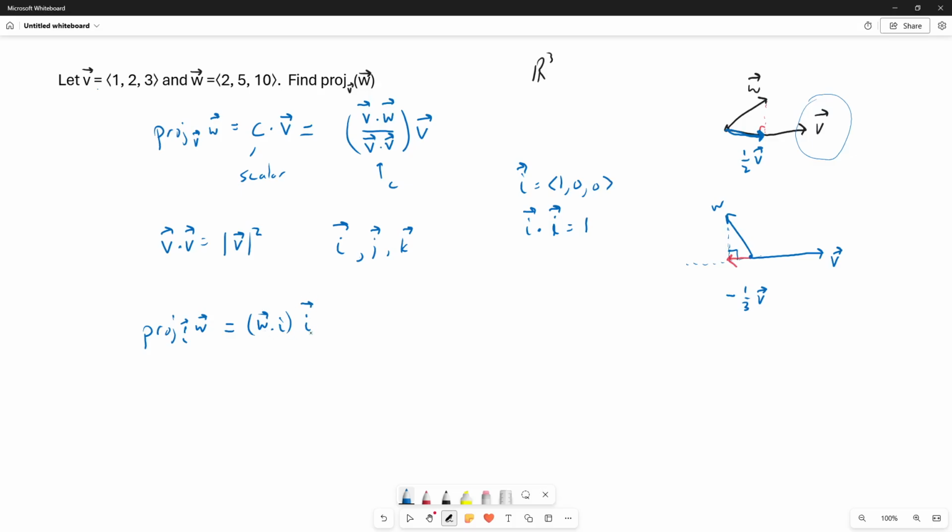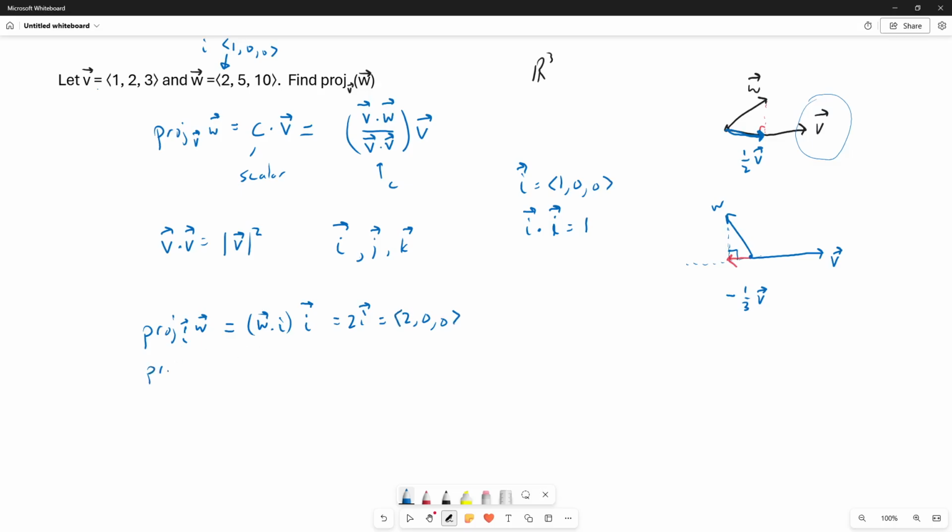So we're going to get a multiple of i. And since w is the vector 2, 5, 10, we should get exactly the i component of w when we project onto i. And we will notice that w dot i, so i is 1, 0, 0, when you take the dot product of i with w, you get 2. So this is 2i, and that is 2, 0, 0.